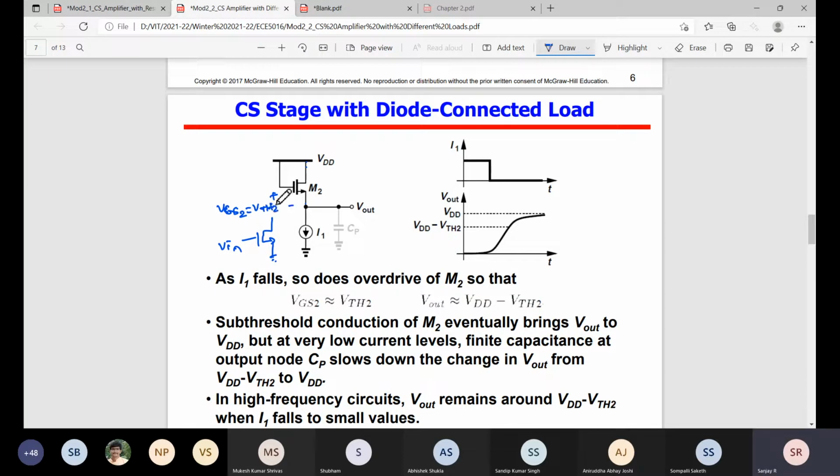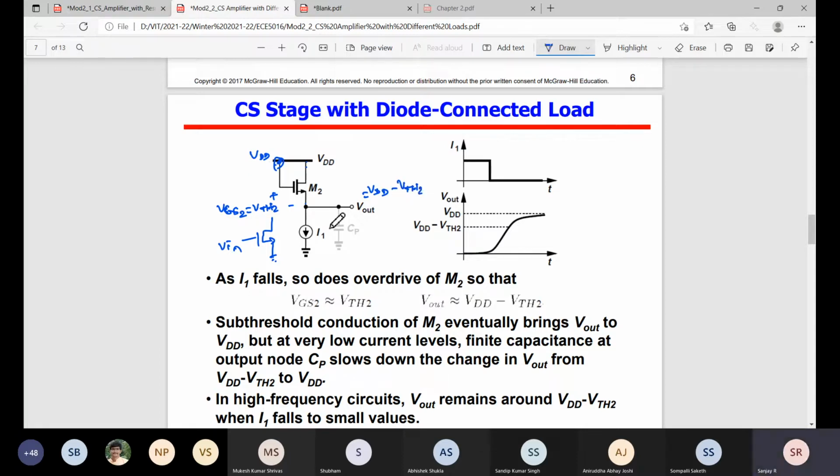When VGS2 equals VTH2, the supply is VDD, so what is Vout? VDD minus VGS2, so VDD minus VTH2.